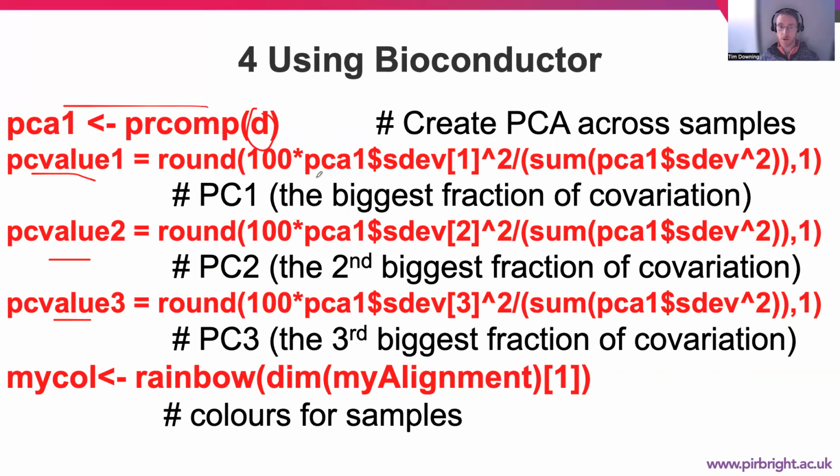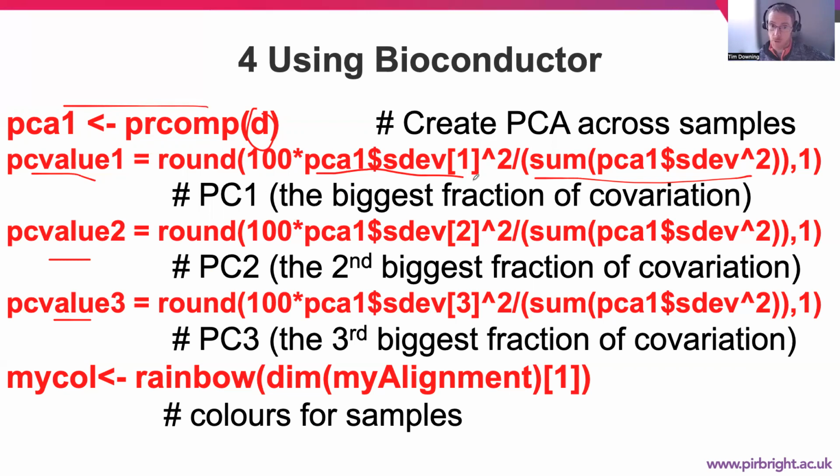What we're simply doing here is taking eigenvalue 1 divided by the sum of them all. So this is the sum of squares of all of the PCs summed up together, and that's the denominator compared to the sum of squares for PC1 only. And we're rounding it just for visual clarity.